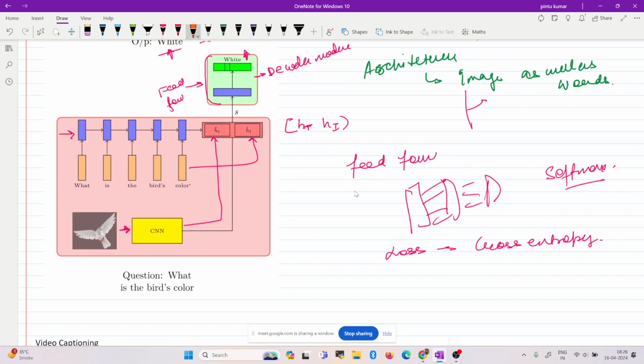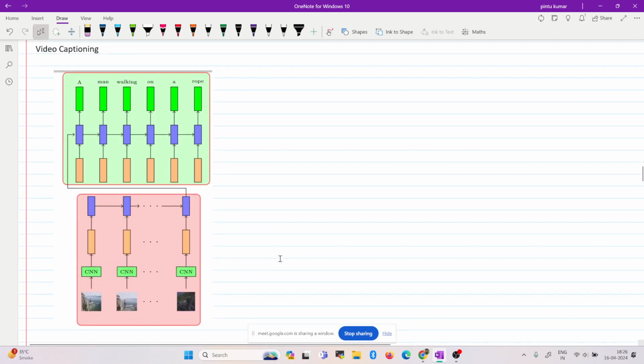And you will learn here also via gradient descent, and the weights of all these CNNs as well as this RNN will be updated all at once via backpropagation. Here you will have backpropagation through time, here you will have normal backpropagation, here also these weights will be learned via backpropagation.